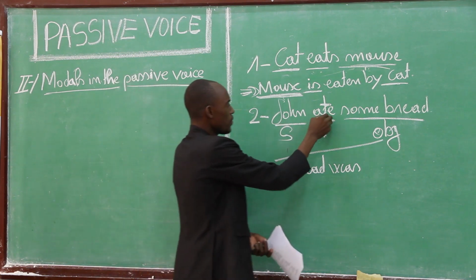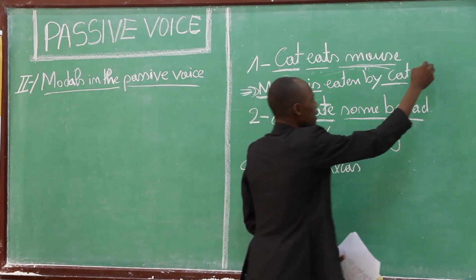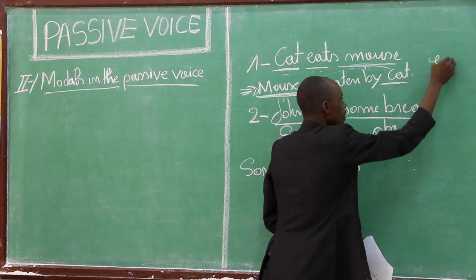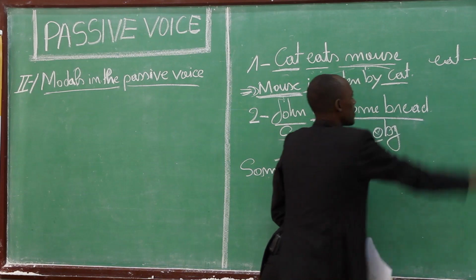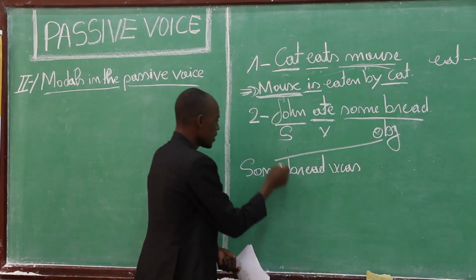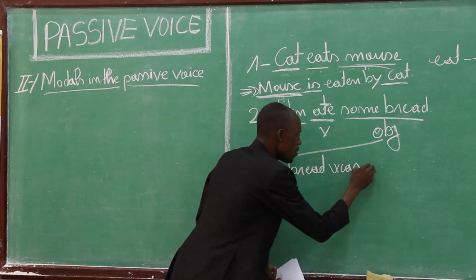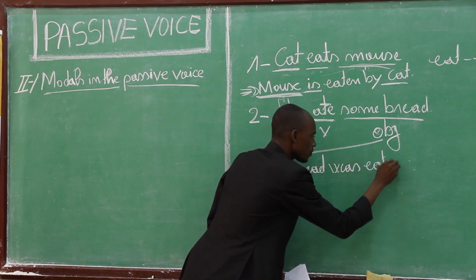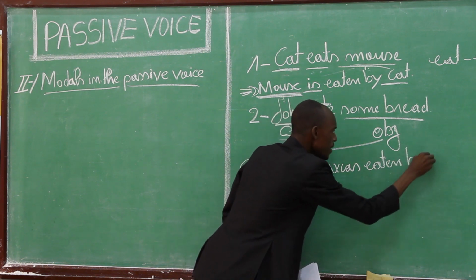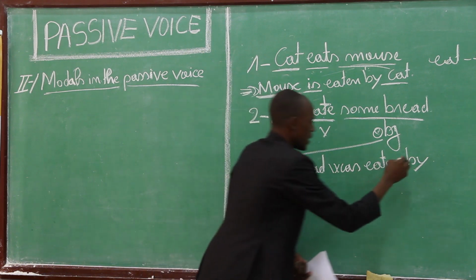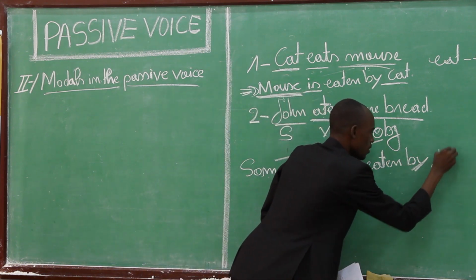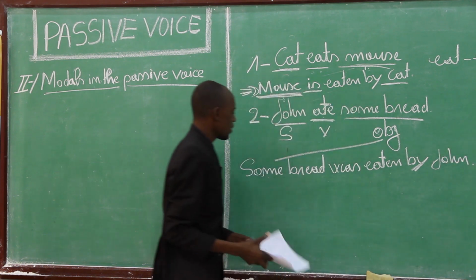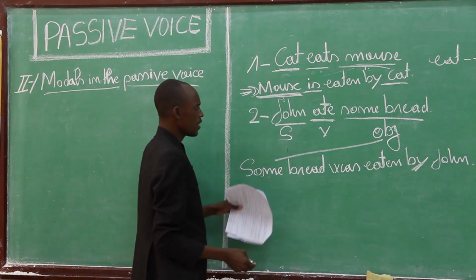Here we have the past participle of to eat, or ate. To eat is eaten. Here we have eaten, okay? And here we have some bread was eaten by John, okay? By John.